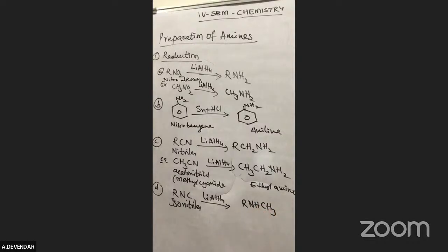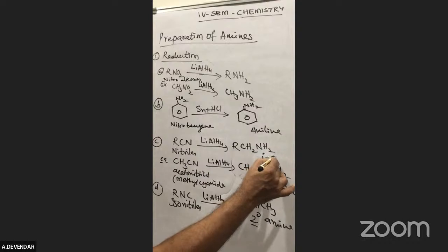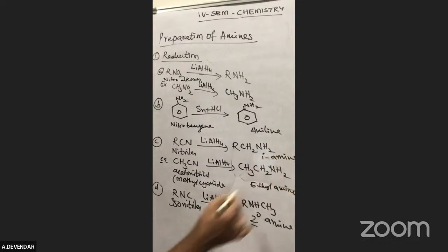This is how a secondary amine is prepared. See the difference between the reduction processes: from a nitrile you get a primary amine, whereas from an isonitrile you get a secondary amine.